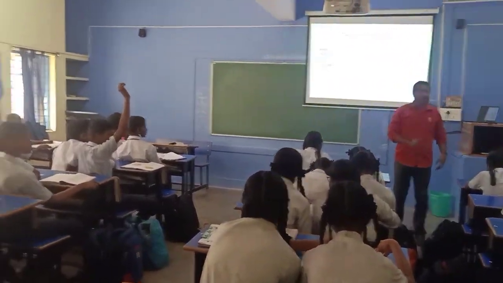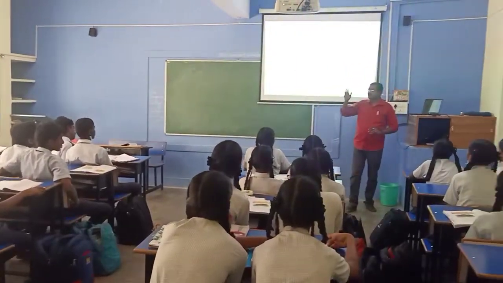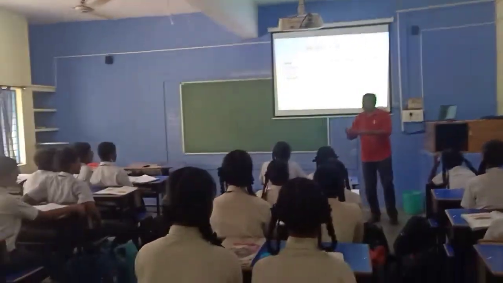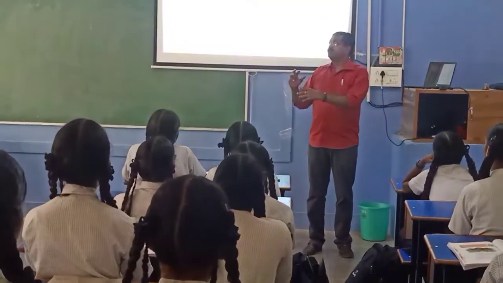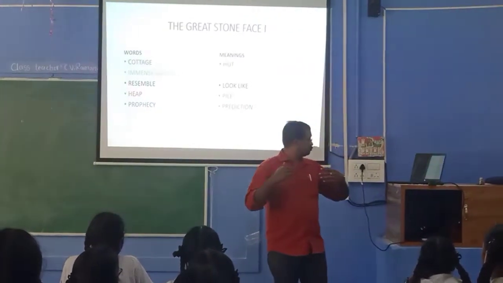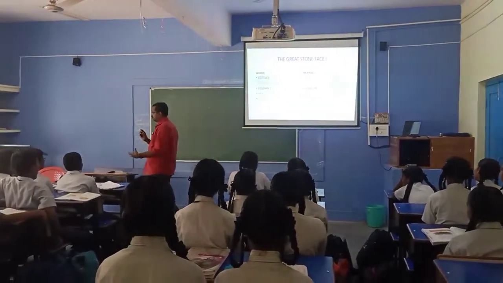Dhoni. Prophecy. Is it right? Yes, sir. Correct. Prophecy. So, cottage means? Then, immense or gigantic means? The third word is resemble. Resemble means look like. Then, heap means pile. Then, prophecy means prediction. See, can you make a one-word sentence using these words?